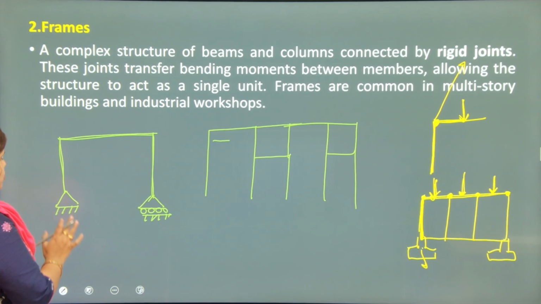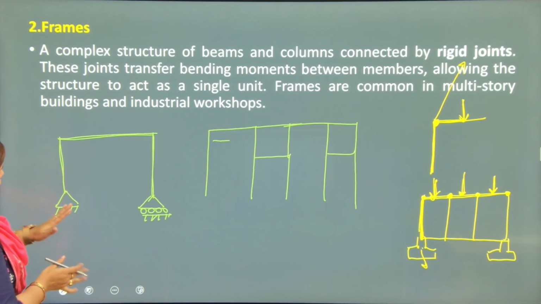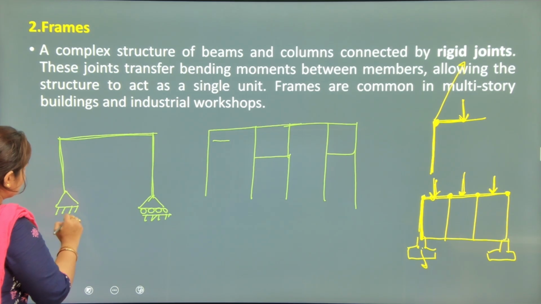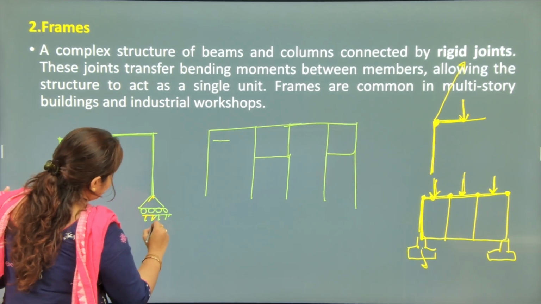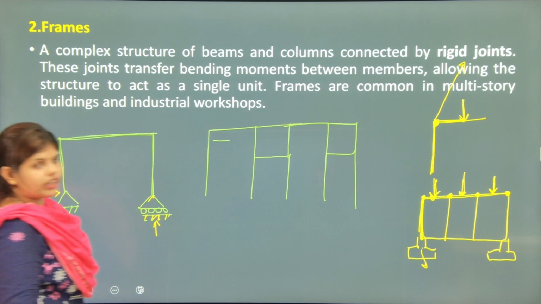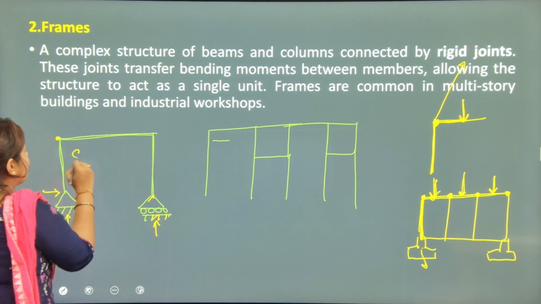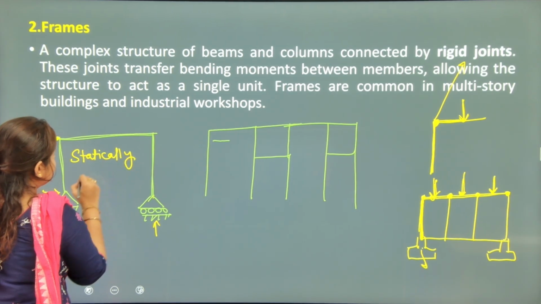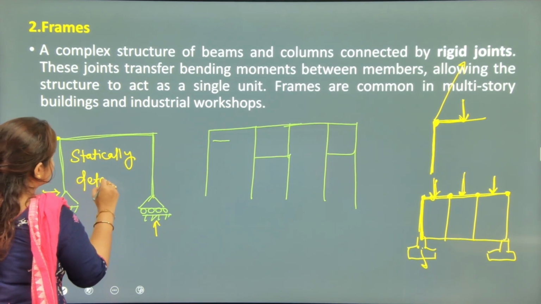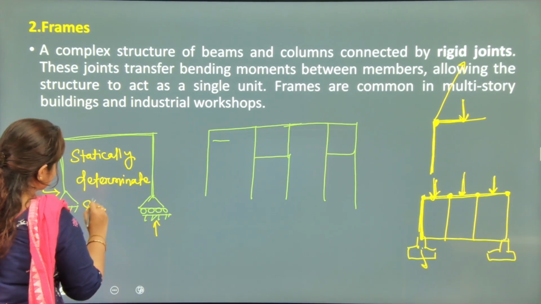As we have understood in case of beam, similarly here also. In case of hinge we will have two reactions, and in case of roller we will have one reaction. So this structure is a statically determinate structure.